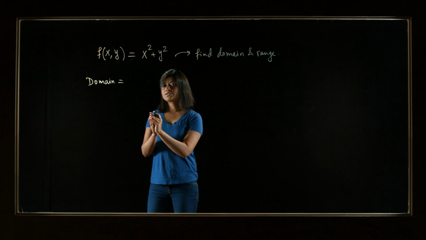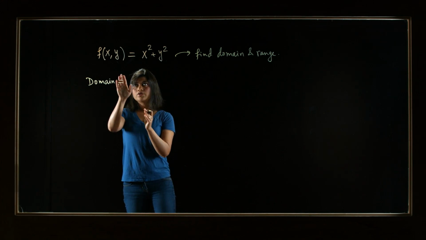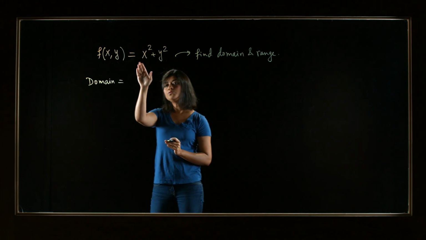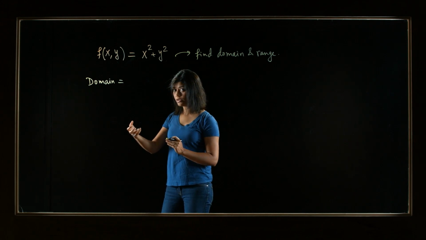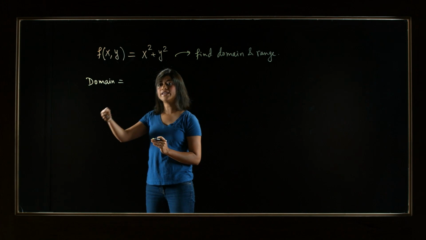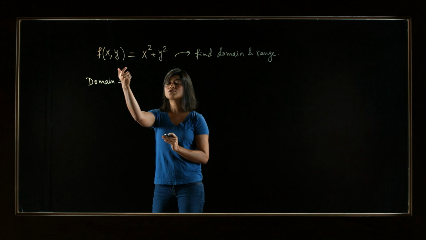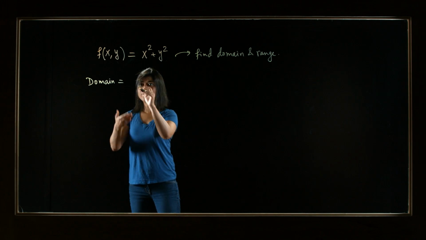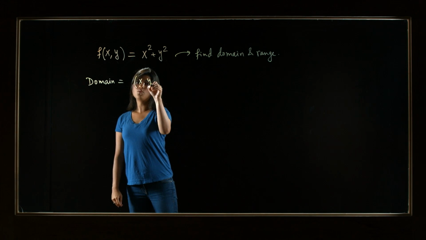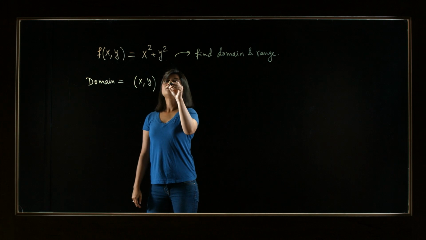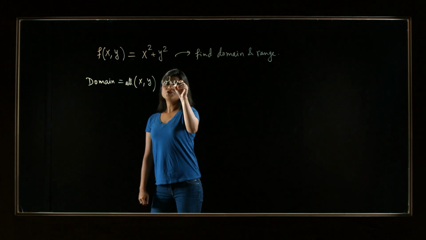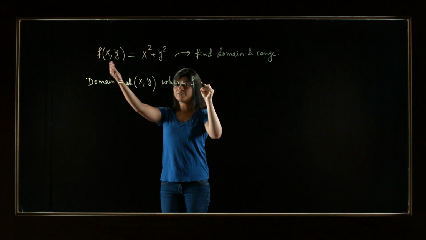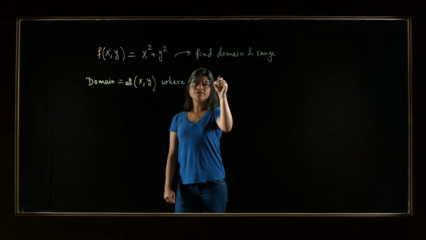Now, just be careful. Now we have a function of two variables, x and y. So the inputs now is not just an x value, it's the pair x comma y. So domain will be all x comma y where function f is defined.